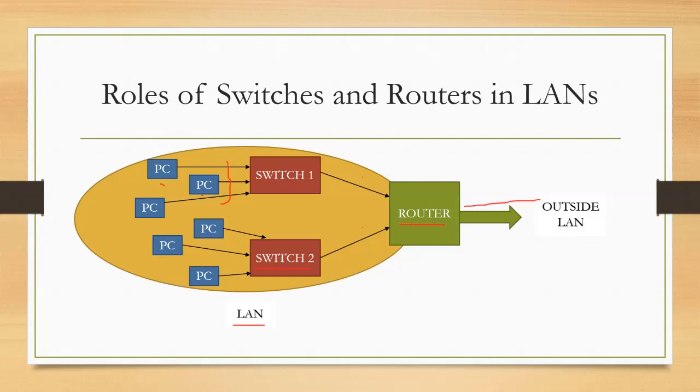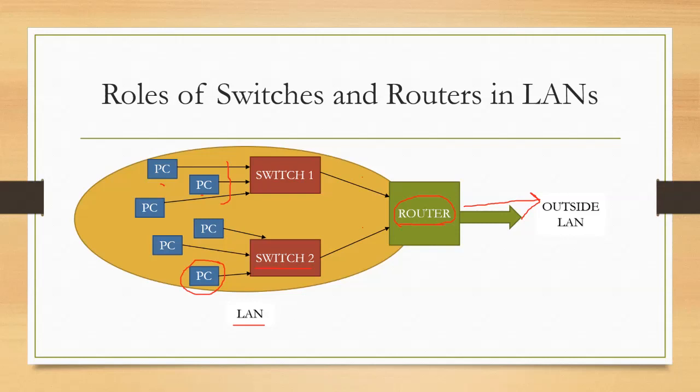This router is then finally connected to the router of the outside LAN. We may consider this LAN as our PICT campus LAN. There are various PCs situated in various labs. In each lab, we have a different switch to which these PCs are connected, and these switches are then connected to the PICT router. If a person sitting on this PC wants to send data outside the PICT LAN, then that data has to be routed through this router only.